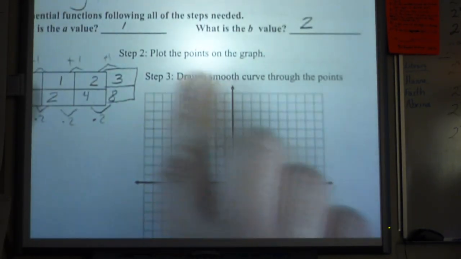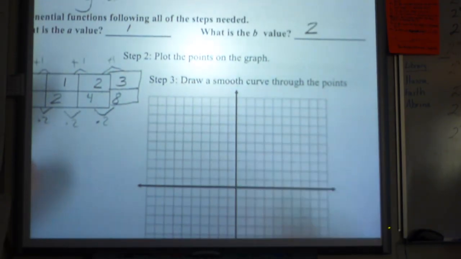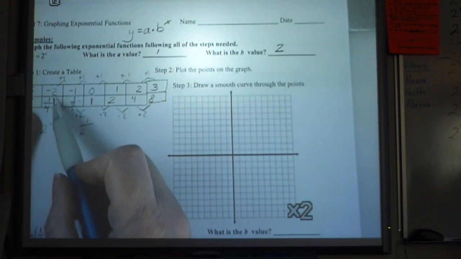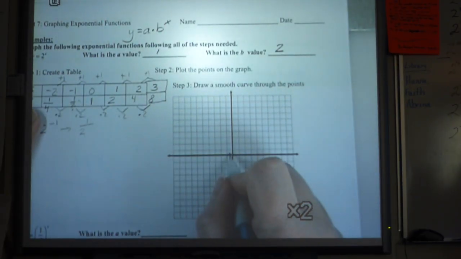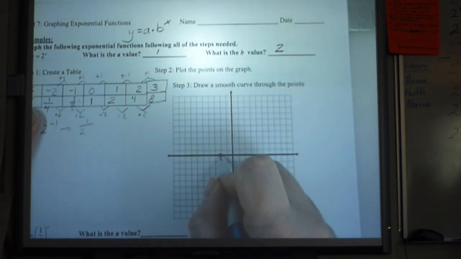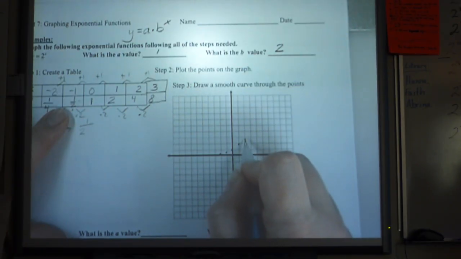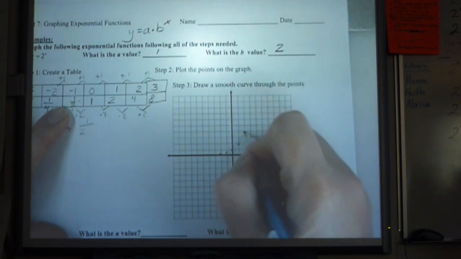All right, and then we are asked to plot the points and draw a smooth curve through the points to graph the exponential function. So let's go ahead and graph. -2, 1/4. -1, 1/2. 0, 1, 1, 2, 2, 4, and 3, 8.